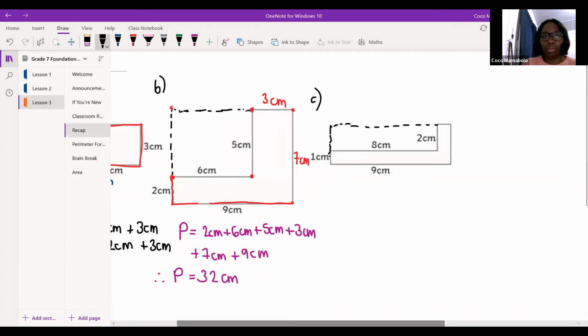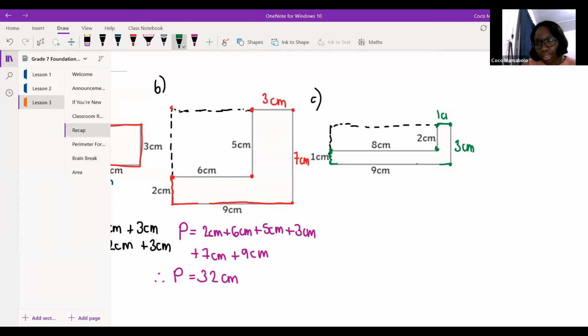All right, so they've given me 1 centimeter over here. And all the way on the inside here, they've given me 2 centimeters, which means this last side over here will be 3 centimeters because that makes up my whole rectangle. And if this whole side here is 9 centimeters and they've given me 8 centimeters in here, that means this tiny little bit over here will be 1 centimeter.